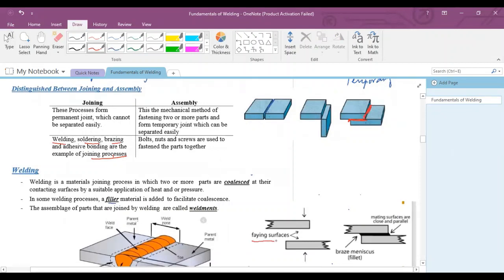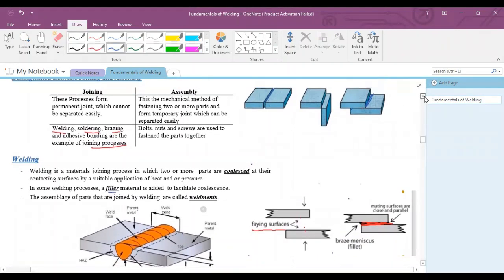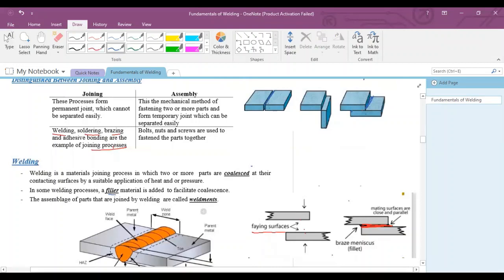Mating surfaces are sometimes also called faying surfaces, and these two faying surfaces will come in contact, and a joint will form at the junction of these faying surfaces. The joining process will be performed at this junction and this junction, and we can join both parts permanently with the help of welding, brazing and soldering. First, I will explain welding.